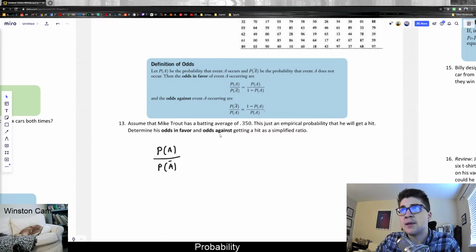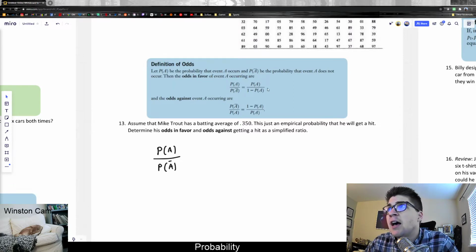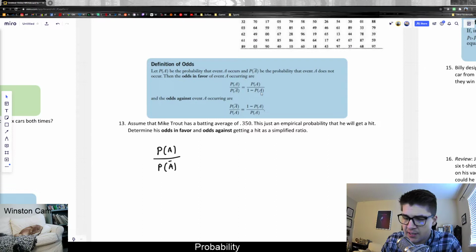And remember, all that means is the probability of the event divided by the probability of the complementary event, meaning everything else. Or more simplistically, since the probability of the complementary event is the opposite percent, you can always subtract that from 1 in order to get that.